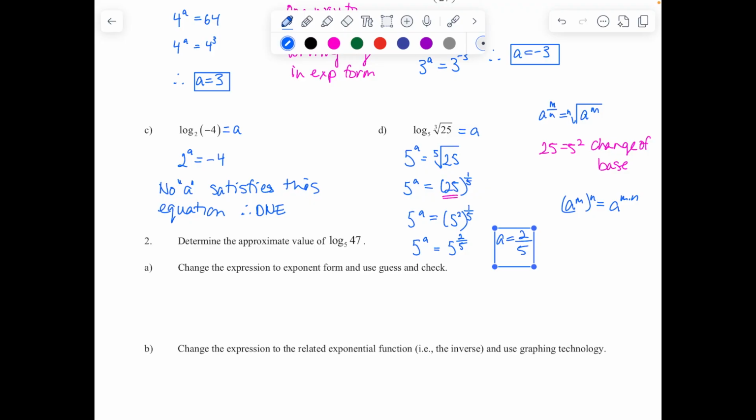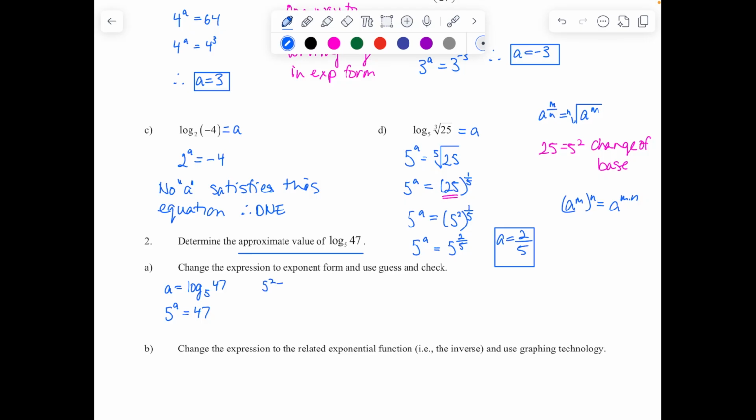Now we want to determine the approximate value of log base 5 of 47. If I go down the same road, what I'm saying here is 5 to the power of a equals 47. I know this is not exactly true, but I can make an estimate.